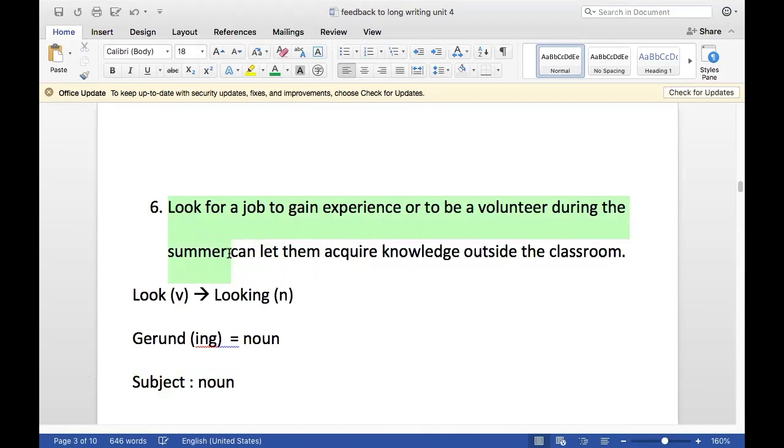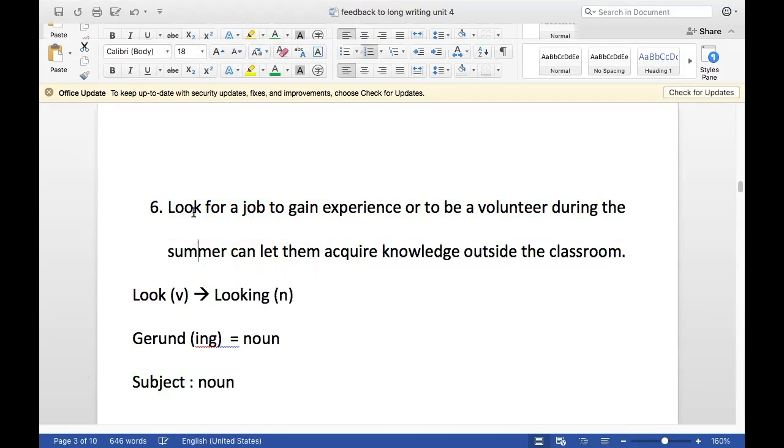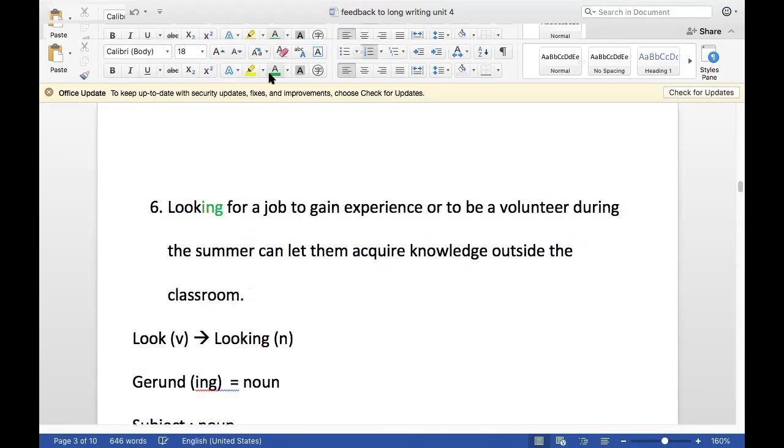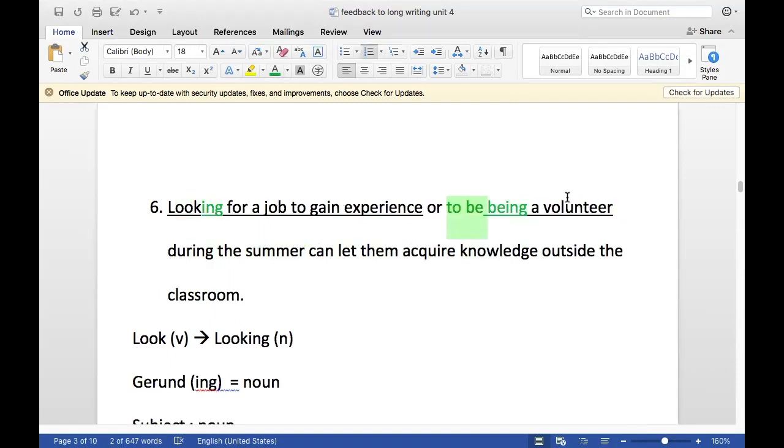So change this to a noun by adding ing to look. Looking for a job. Looking for a job or being a volunteer, both are correct.